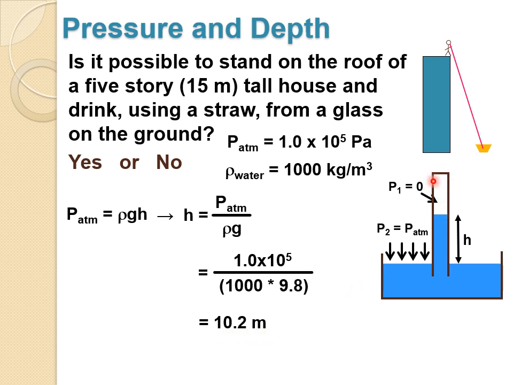So if you remove all of the air inside that straw, the liquid can only go up 10.2 meters. Because that is less than the height of the 5-story building, no, you're not going to be able to drink through a straw at 15 meters up, because the atmosphere will not be able to push the water up that high.